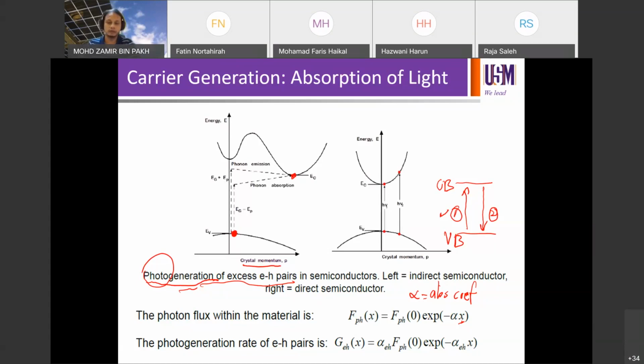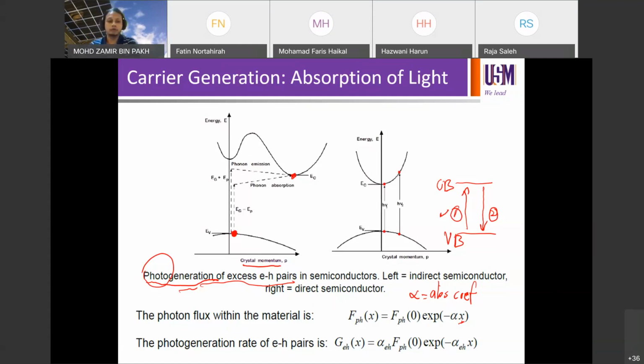The photon flux is given by Fx, and the generation rate Gx is given by the absorption coefficient times the flux, that is, alpha times F0 exponential of negative alpha x, the absorption coefficient times the depth into the material. So that will give you the flux and the photo generation rate.